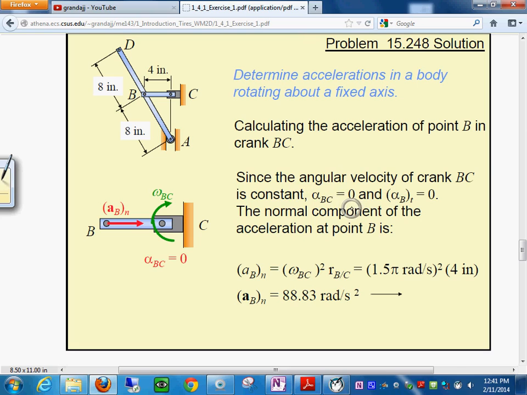So alpha sub BC is constant, so alpha sub BC is 0, and the tangential acceleration of B is also 0. But the normal acceleration exists, and that is omega cross r in vector form, or in algebraic form, omega squared times r, which is what we have in here.